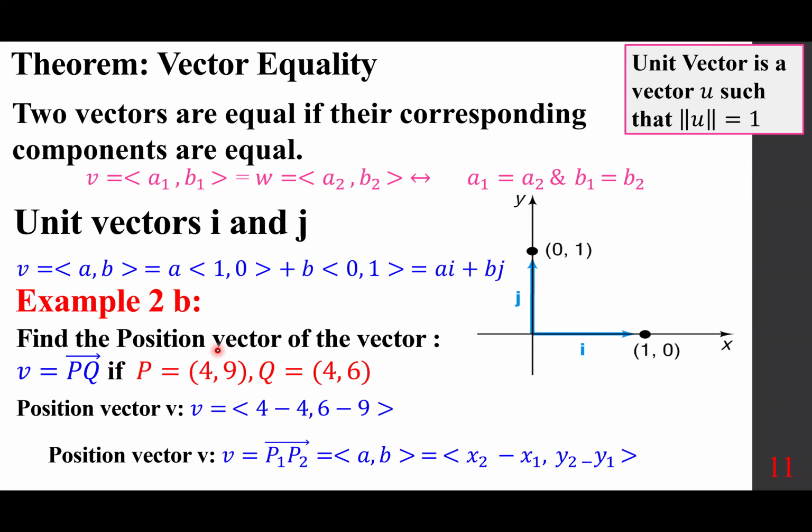That would be the position vector for v. And this gives us 0. This gives us negative 3. And because the a component is 0 and we only have the b component, in essence, ai is 0, bj is negative 3j.